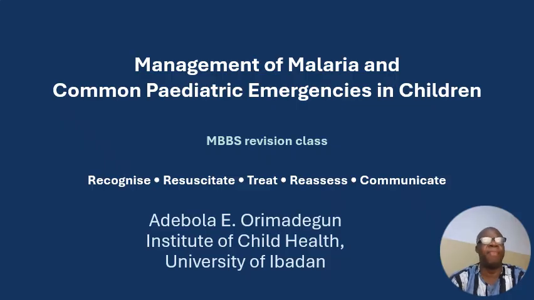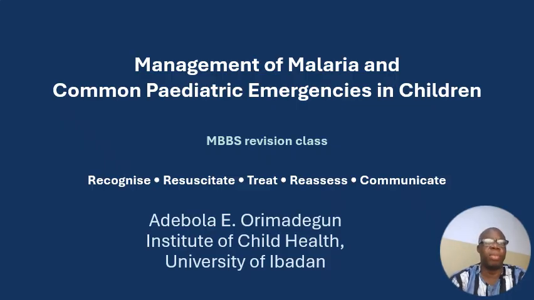Keep these 5 verbs in mind throughout this class. First, recognize. Second, resuscitate. Third, treat. Fourth, reassess. And fifth, communicate. Pediatric emergencies are rarely lost because nobody knows the name of the disease.